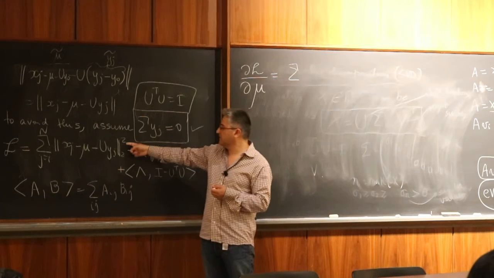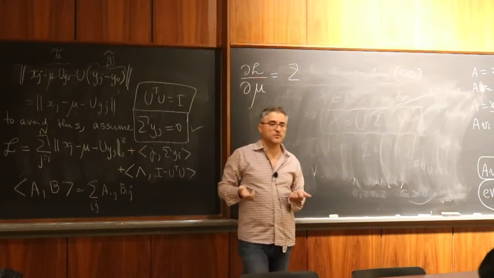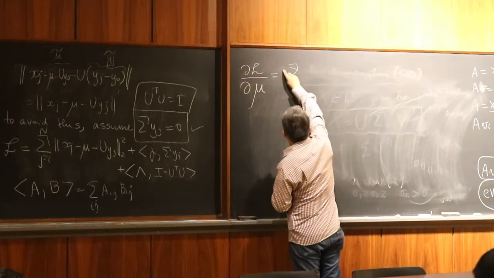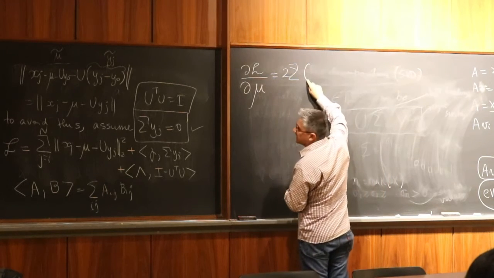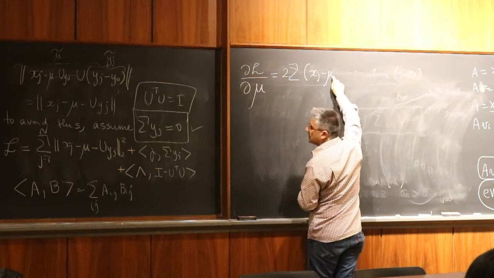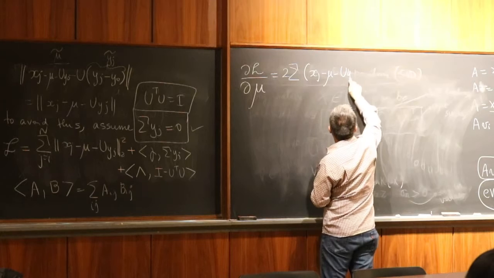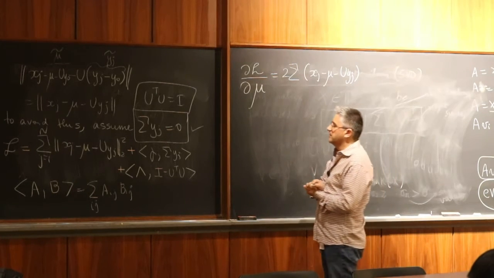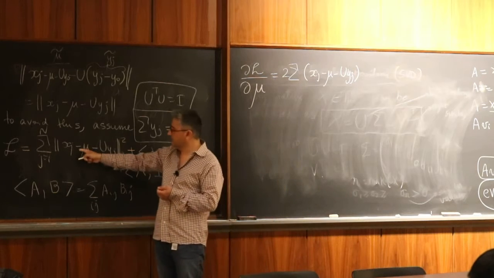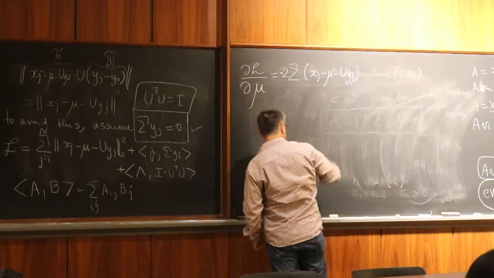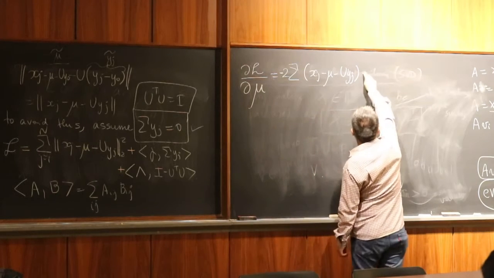Then I have a squared. So the derivative of a squared is 2 times what's inside. So I'm going to put a 2. And then I have xj minus mu minus u times yj. Good? But then the mu happens to have a minus sign. So I need to put a minus here as well. And this has to be 0.